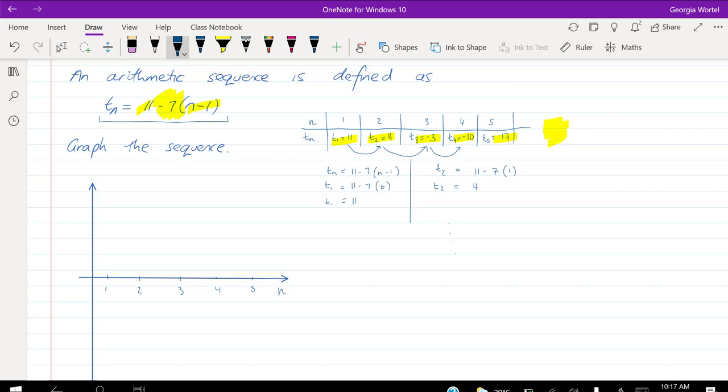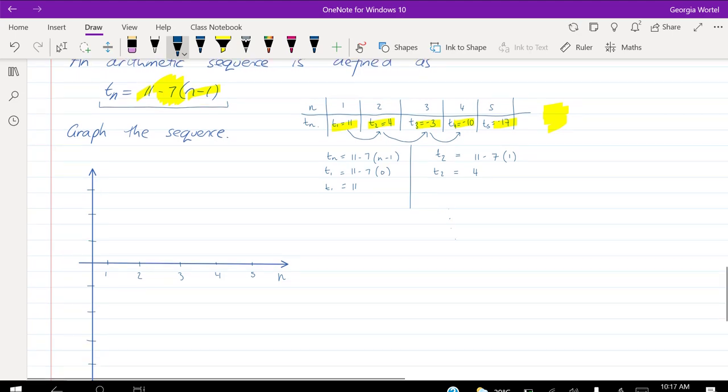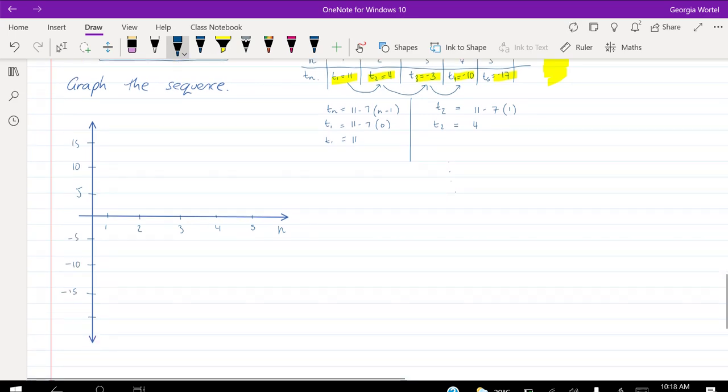So let's go in 5s, 15. All right, 5, 10, 15, -5, -10. Pick a scale that works.